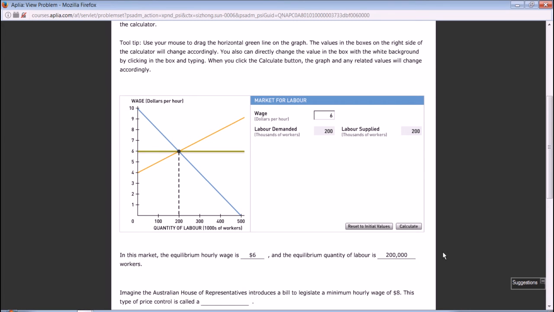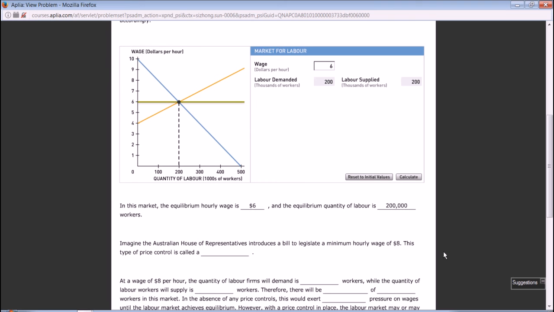Imagine the Australian House of Representatives introduces a bill to legislate a minimum hourly wage of $8. This type of price control is called a price floor, because that's a minimum wage. So the wage rate cannot be less than $8 per hour.